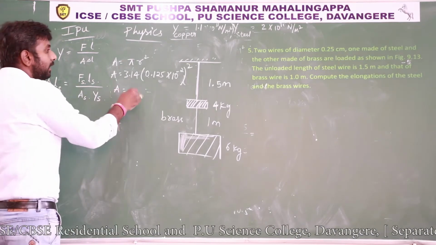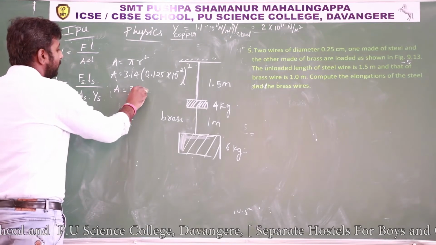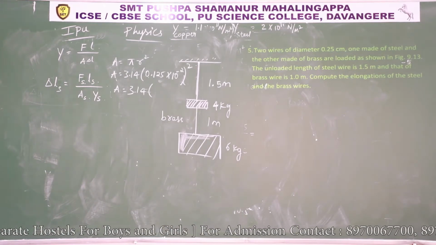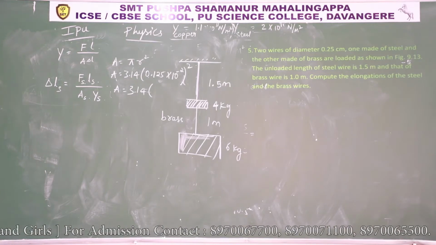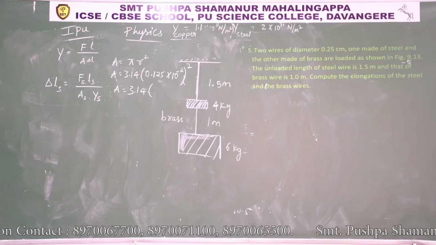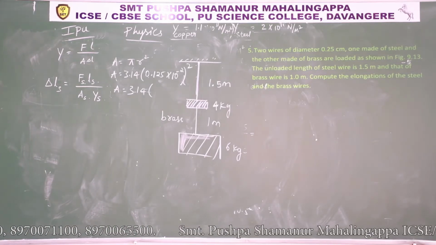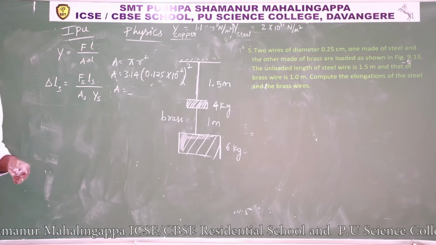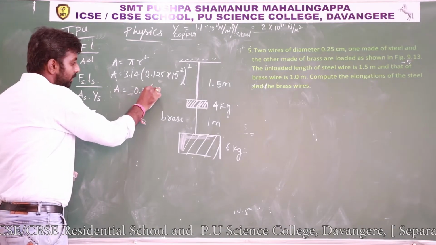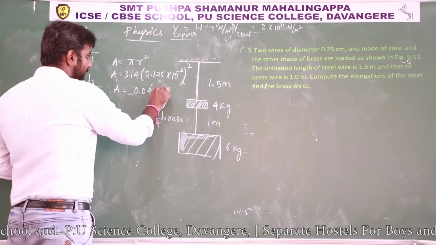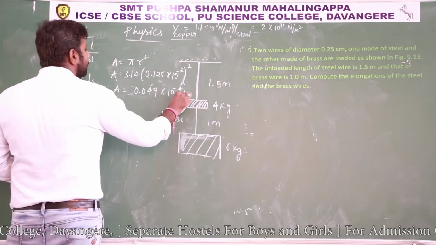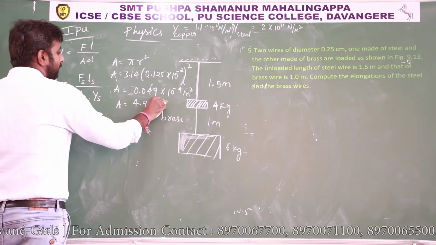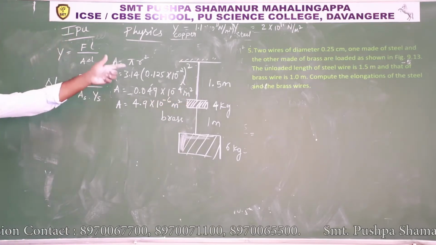Calculate this value, and you will get 0.049 into 10 to the power minus 4 meter square, or you can consider this as 4.9 into 10 to the power minus 6 meter square. This is the area of the wire.